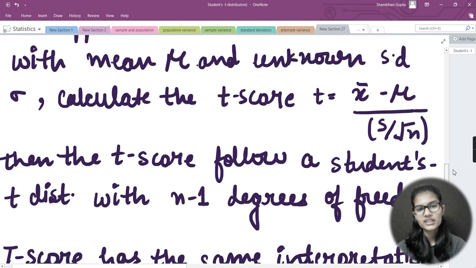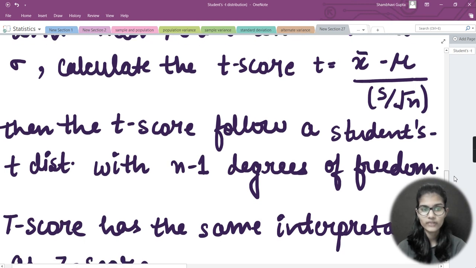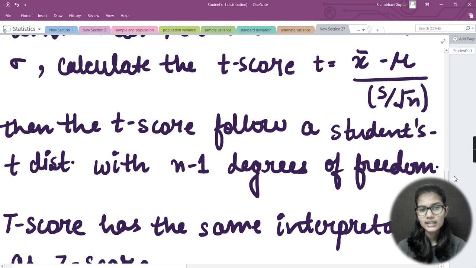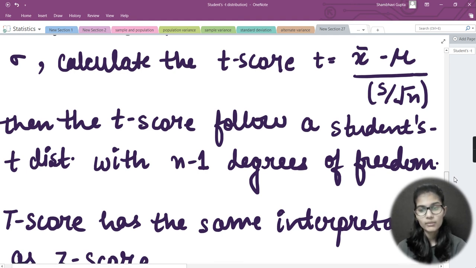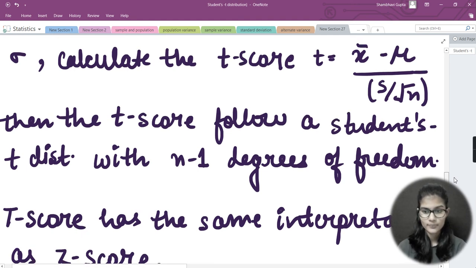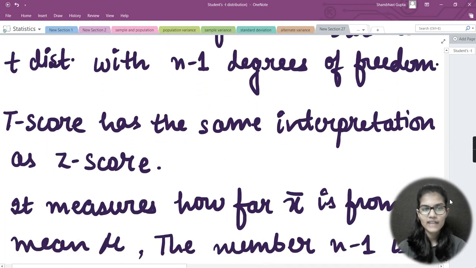From that I calculate my T score, so T is equal to x bar minus mu upon s upon under root of n. Then the T score which I have calculated will follow a student's T distribution, having n minus 1 degrees of freedom. So this is the whole idea about what I have just written.